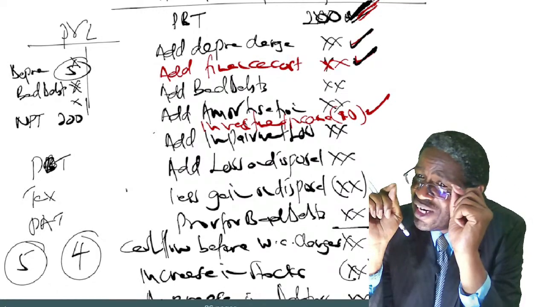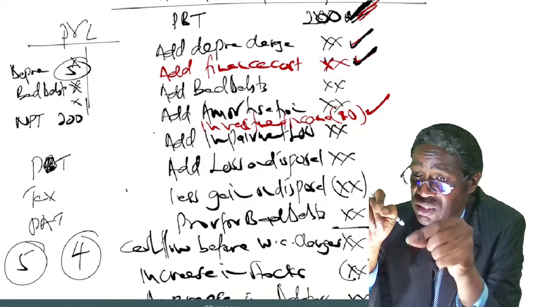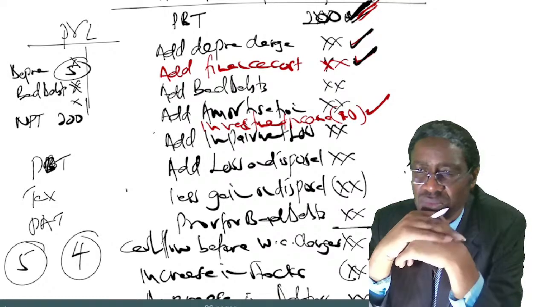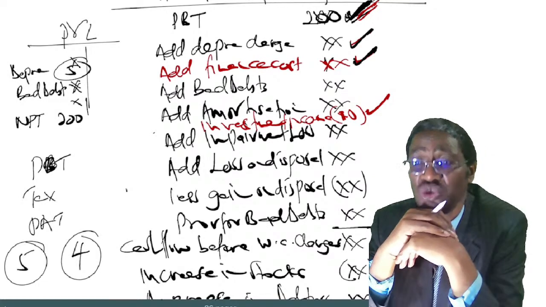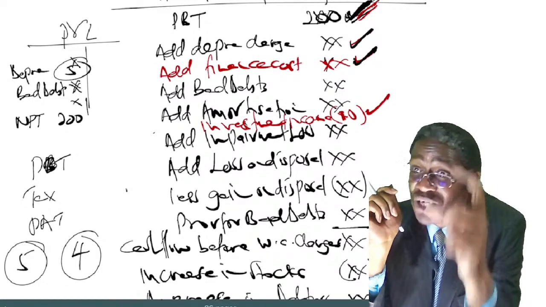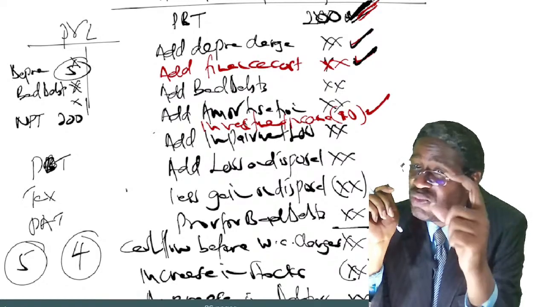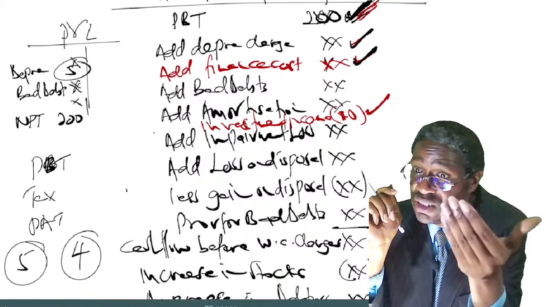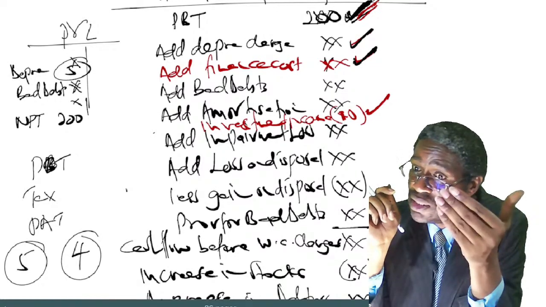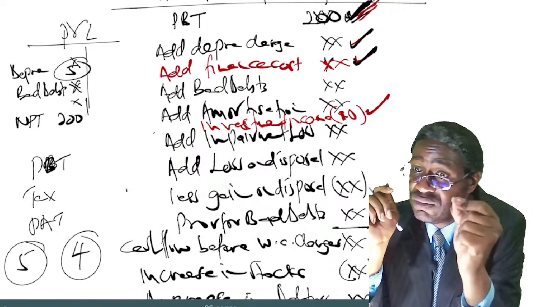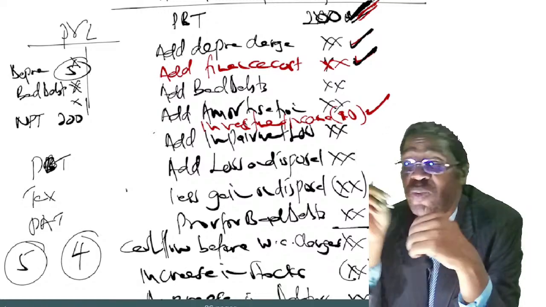But within those items, I'm also going to be adjusting that investment income, if it's part of the question. Reason being, it was used to determine the 200, but it is not an operating item.